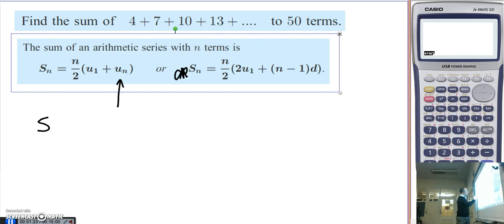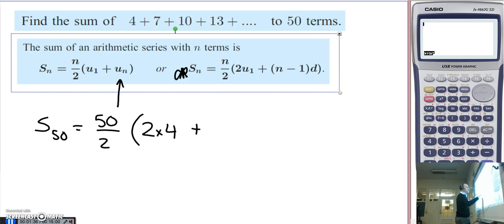So S50 is 50 terms divided by 2, bracket 2 times u1, which is the first term, which is 4, plus n minus 1, 50 minus 1, multiplied by the difference. Now, the difference, we can see that it's going up by 3 each time. I'm going to move this to the front of the bracket just to make it easier.